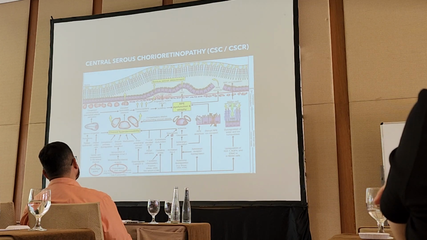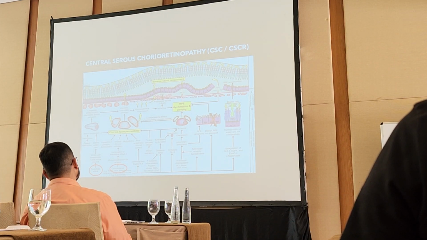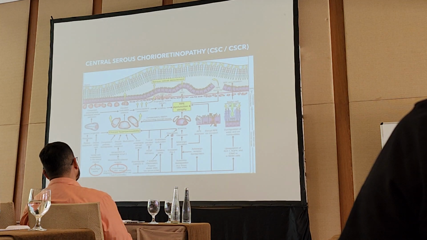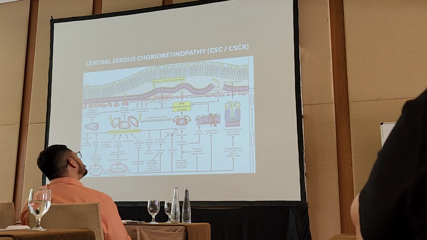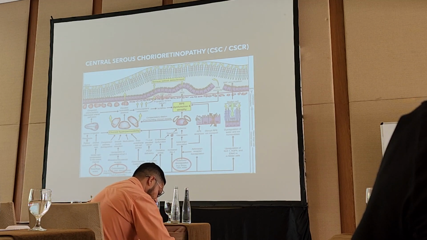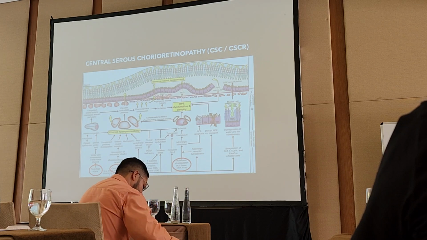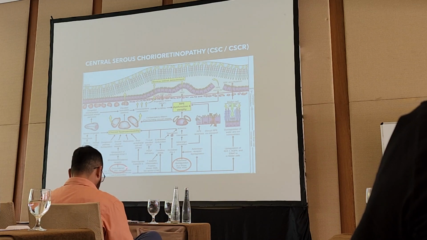It's from the thick rigid sclera or corticosteroid use, or if you have asthma, or you have eczema, you might consume steroids on your daily basis. If you have the risk factor for CSR, be careful. I'm not praying that you will get a CSCR, no. It's just that corticosteroids are known to cause CSCR.